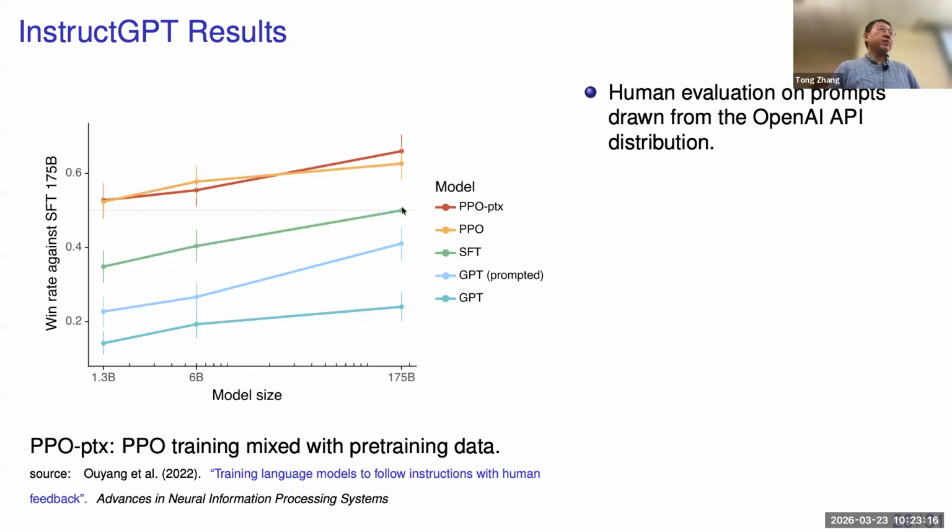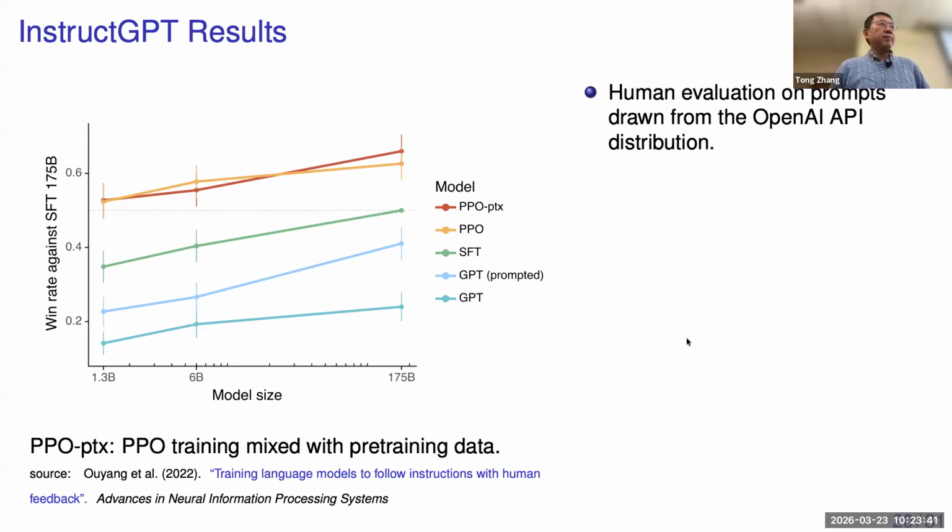Even after instruction tuning, if I don't do any RLHF versus something where I do RLHF, the much smaller model wins. So this is something that actually learns what humans prefer, which is a clear indication.